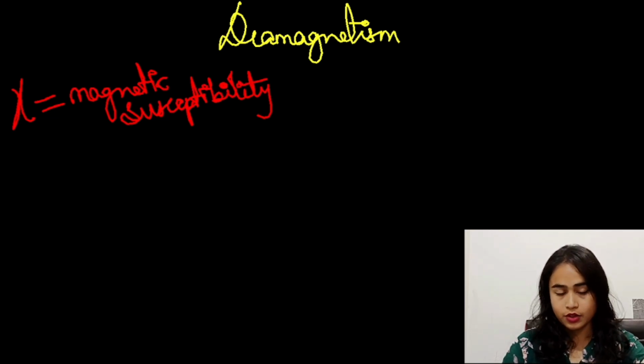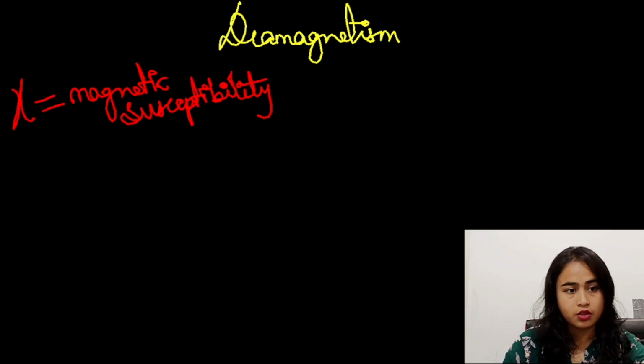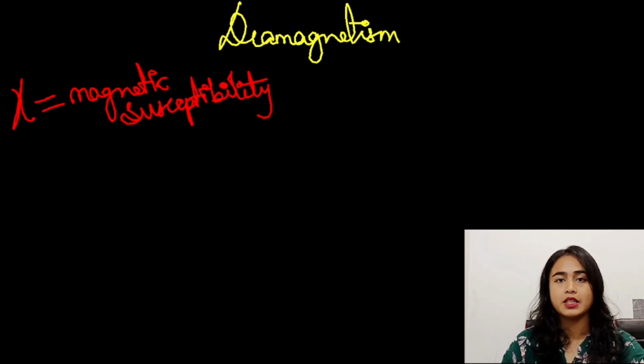This chi factor determines whether the materials found on Earth are diamagnetic, paramagnetic or ferromagnetic in nature.